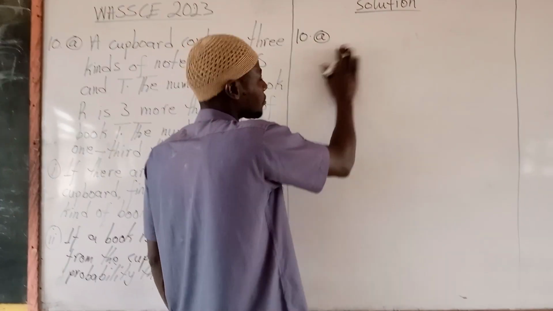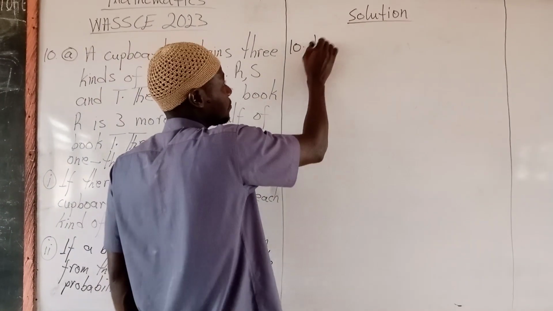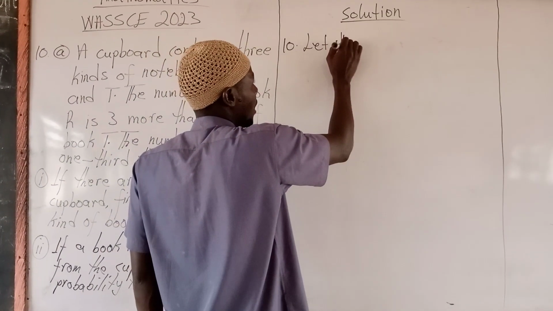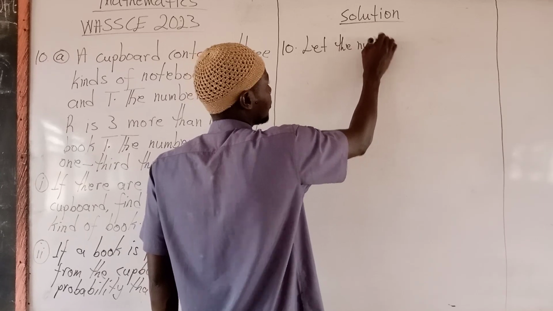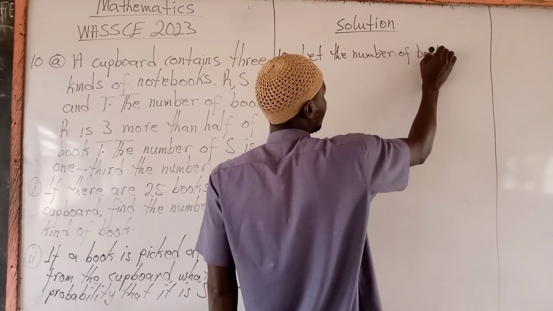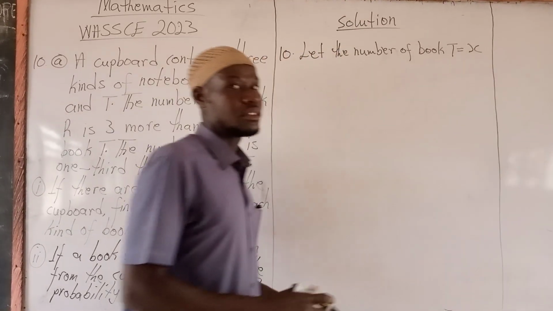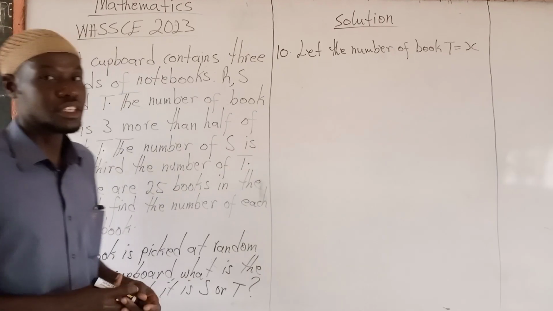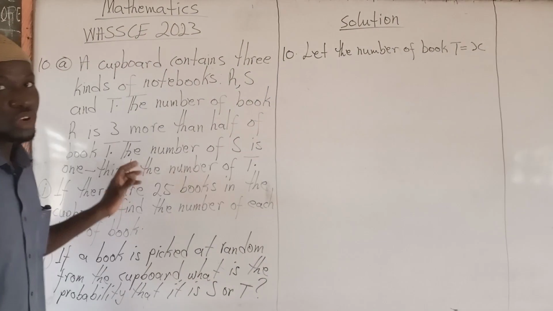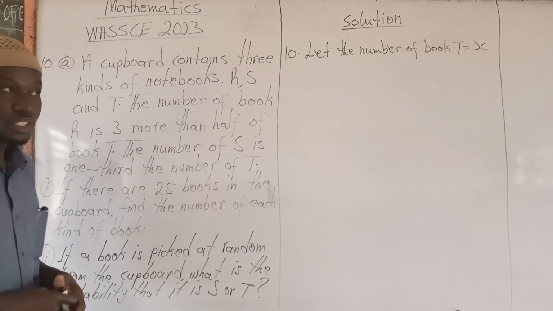Solution, let the number of book T be equal to, let's say, x, because book T is the central quantity here. In other words, all the other books depend on the number of book T.